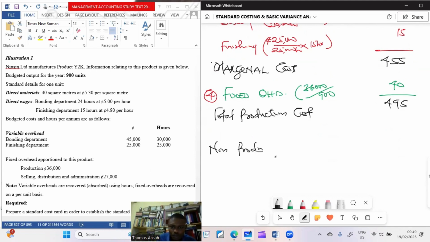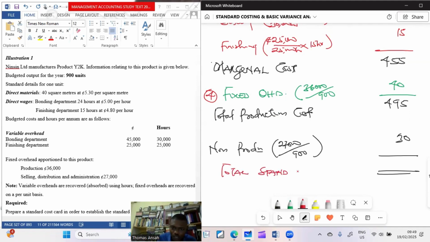The non-production is also 27,000, but per unit. Okay, so 27,000 per unit is 30. So this is what we call the total standard cost. Total standard cost. And the total standard cost will be 525.